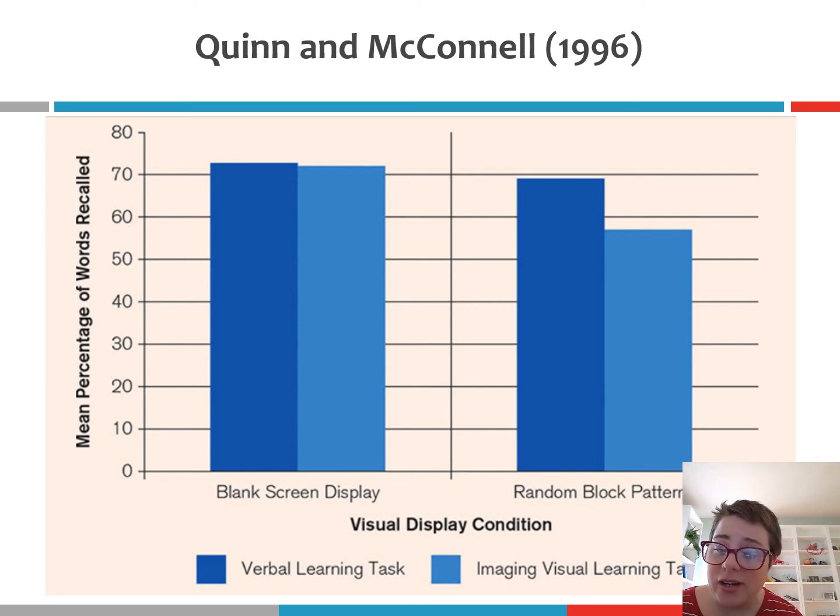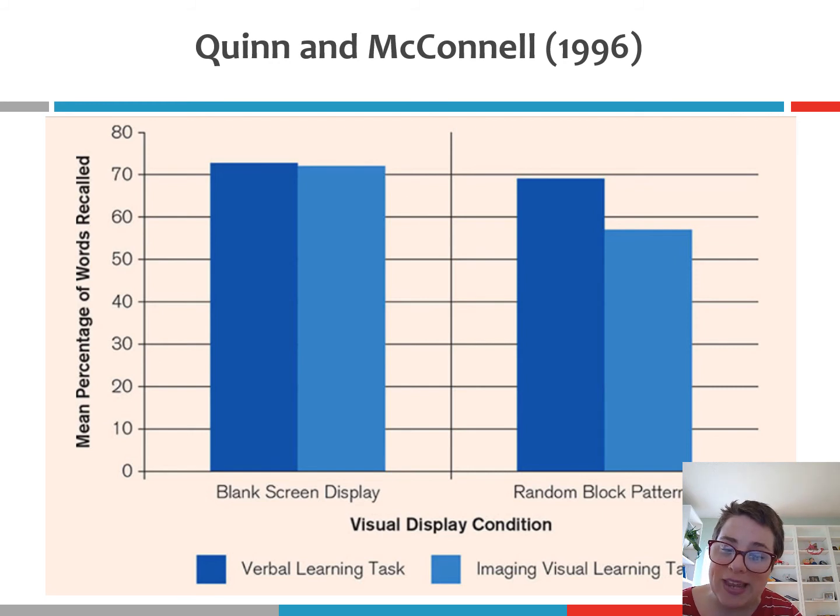Interestingly, however, in the case where participants were shown random block patterns, we see that people in the verbal learning task were remembering way more words than people in the imaging task.